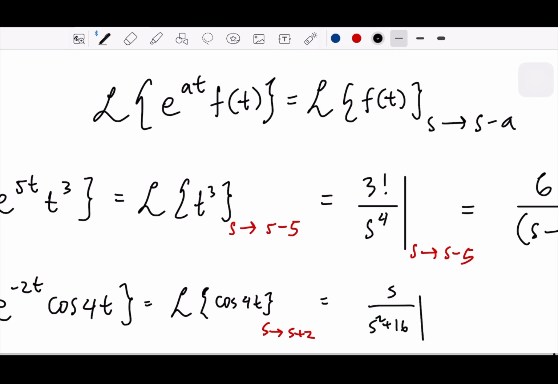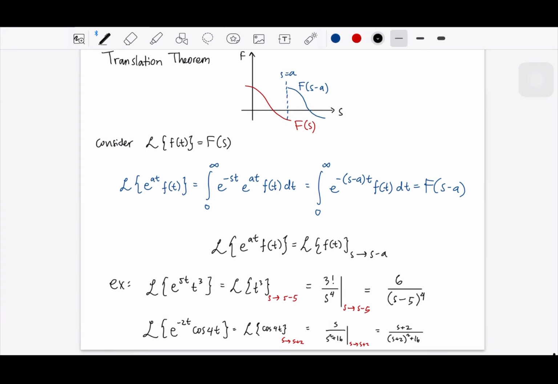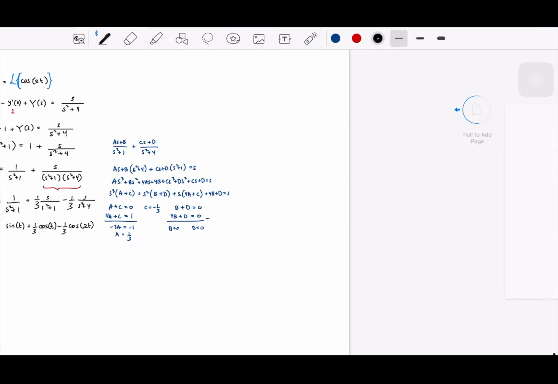This is the Laplace of cosine 4t, but we need to translate this to s plus 2, so we change all s to s plus 2, so it becomes s plus 2 over s plus 2 squared plus 16. Okay, again we give more examples.